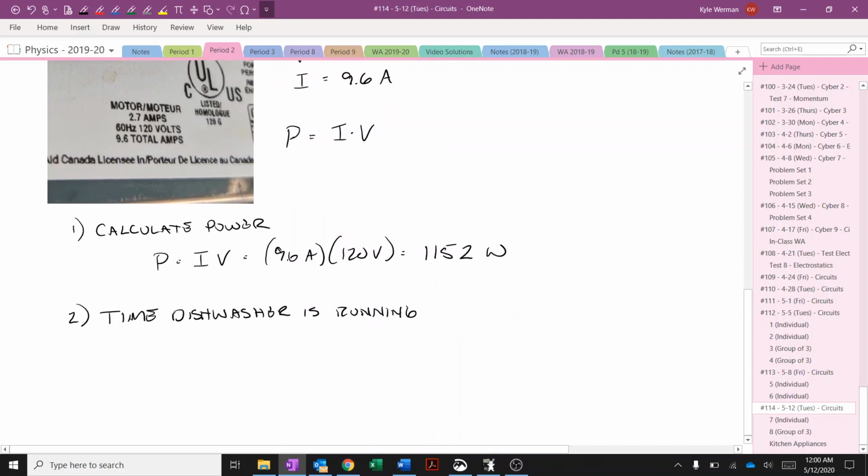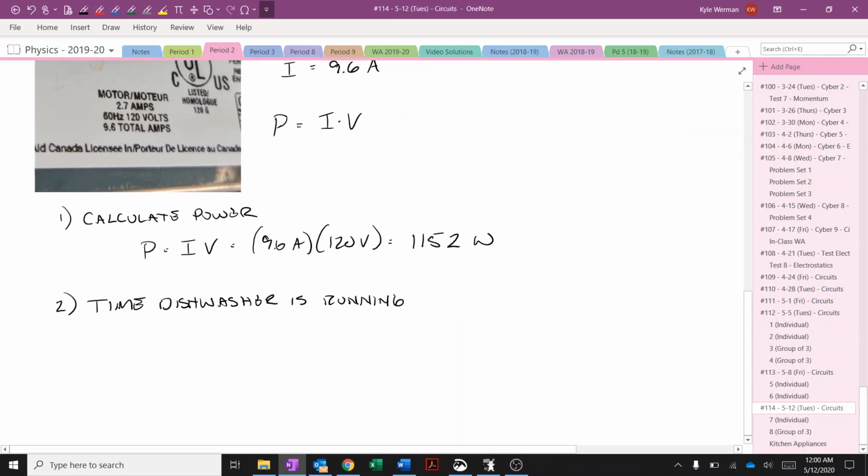Well, that's going to vary depending on your household. My household now with 2 kids and a wife, we run it pretty much every other day. All right, so let's say, of a 365 day year, if I cut that in half, what is that? About 180 days, right? And so I'm running it once a day for 180 days, and let's say it takes an hour to run.